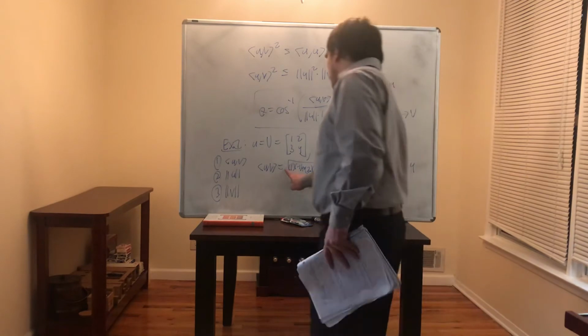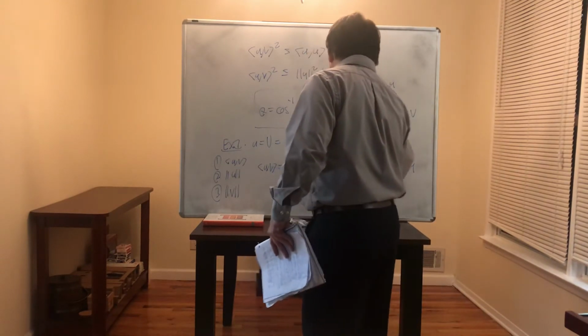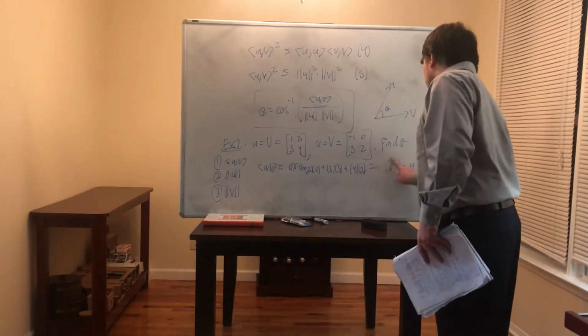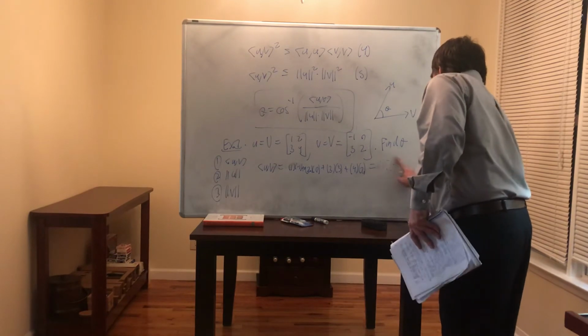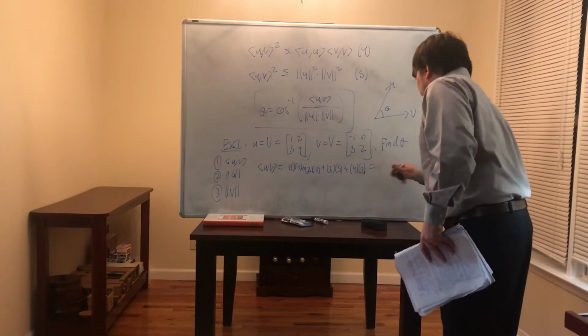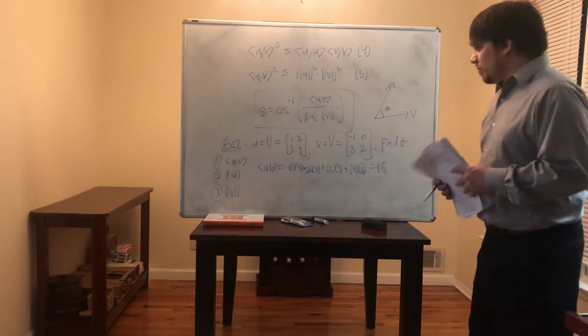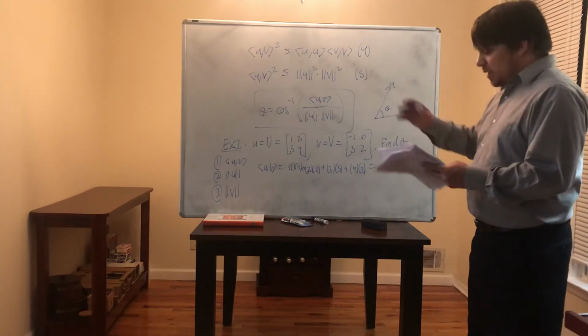Oh, sorry, the inner product of u and v is not the square root of that. It's just the sum of those products, right? And so you get that that's equal to 16.